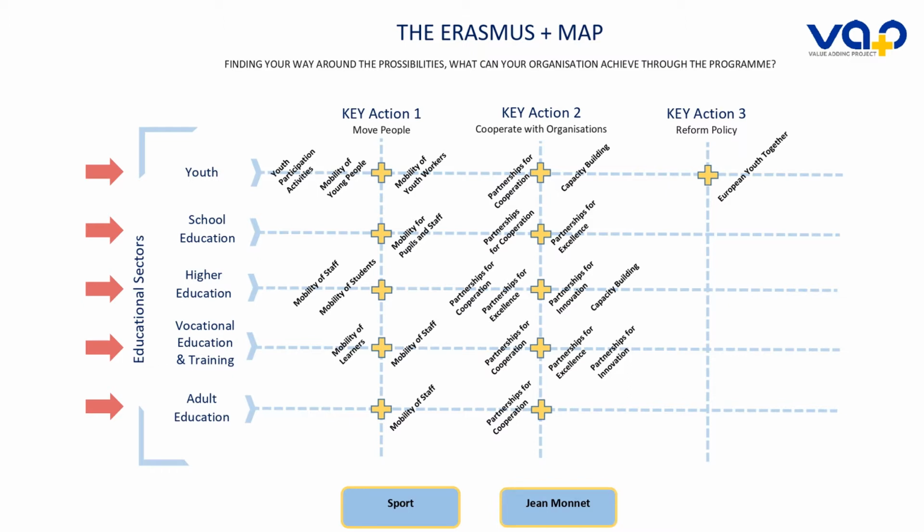The different sectors offer different opportunities and have different regulations, and so what is possible in one sector might not be possible in another. As you can see, the VET sector is divided in 3 different actions, but for the purposes of this course, we will focus only on KA1, Mobility Projects for VET Learners.